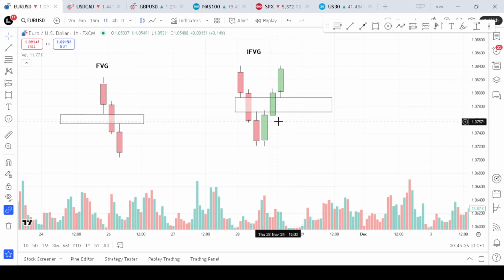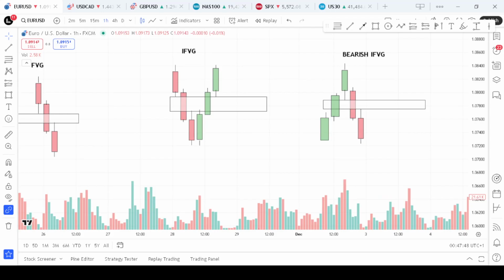Now we have the second one, known as the bearish inversion fair value gap. This displays the opposite structure of the bullish IFVG. The middle candle high remains below both the first and the third candles' lows.